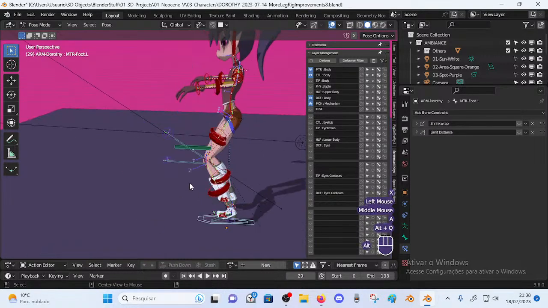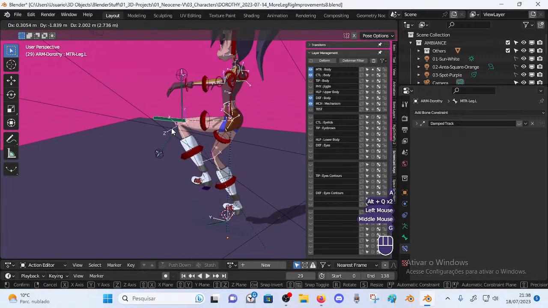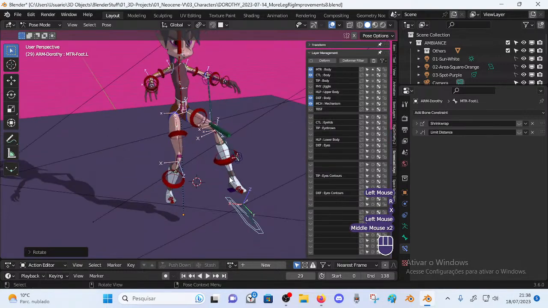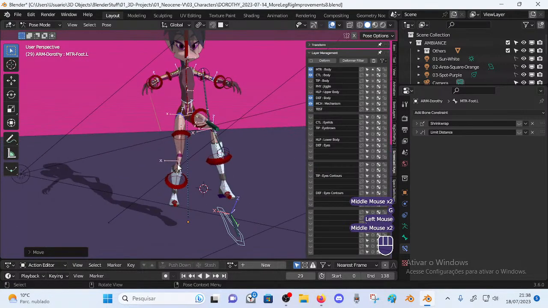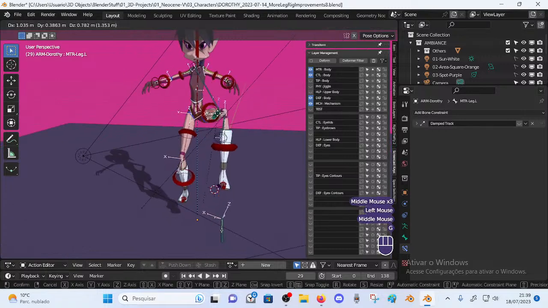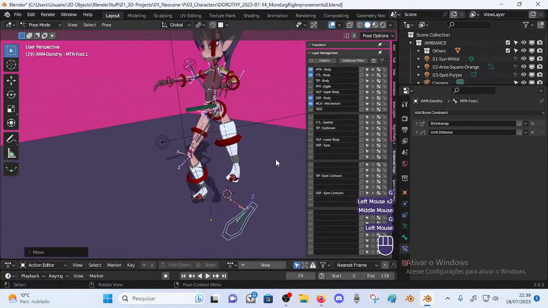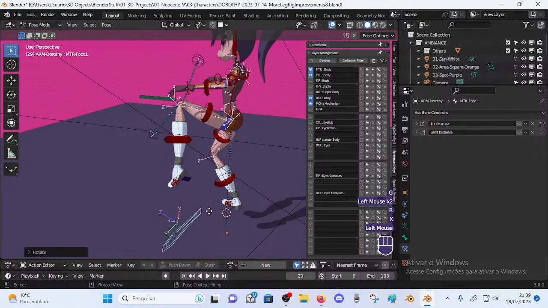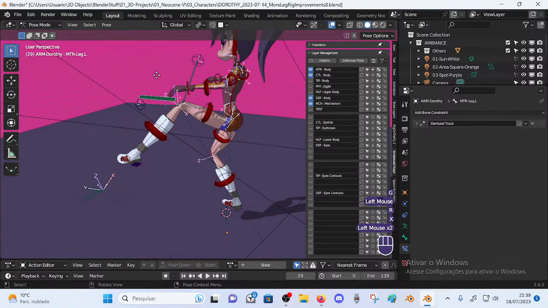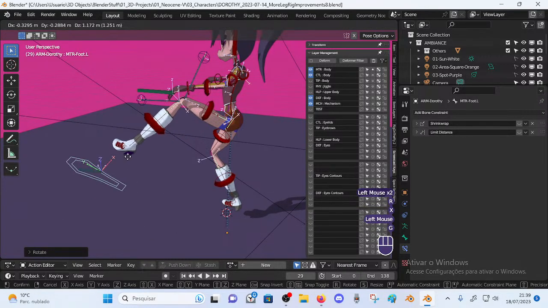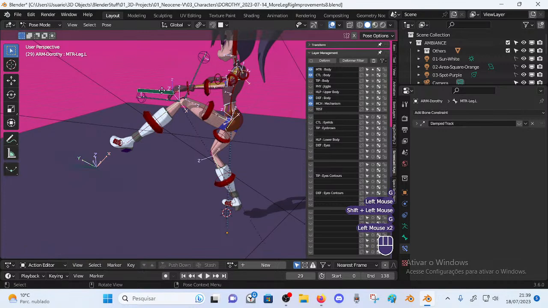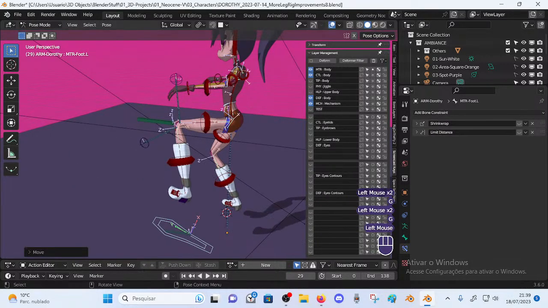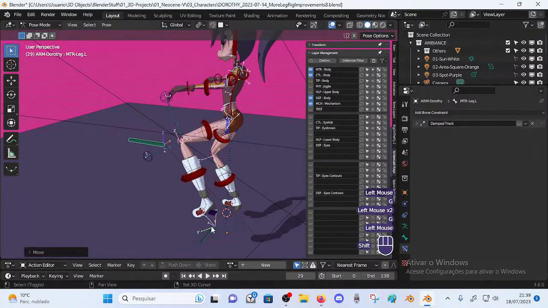There are many peculiar problematics just regarding IK-FK switching. So why not have something like this, where you can have FK and IK working harmoniously at the same time? I think this is pretty cool.